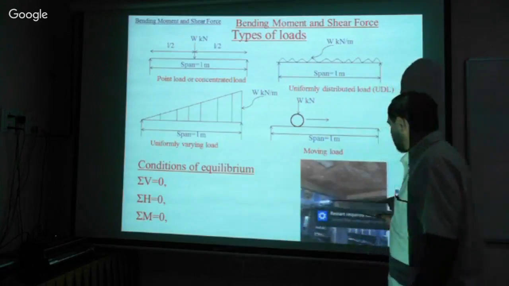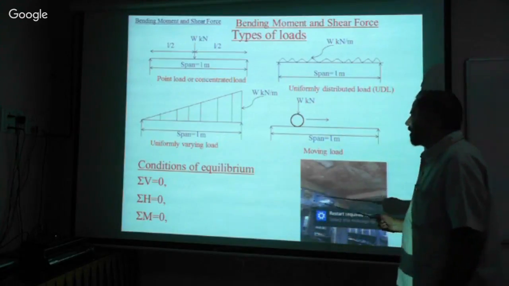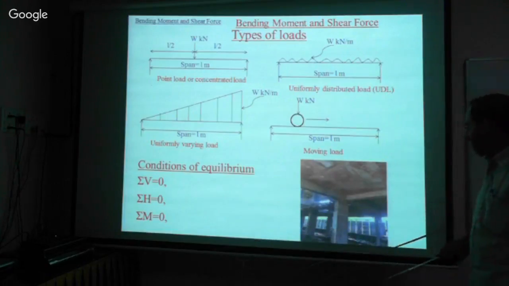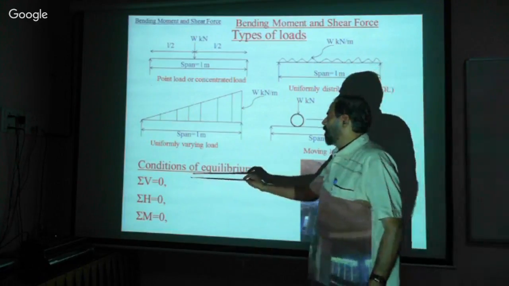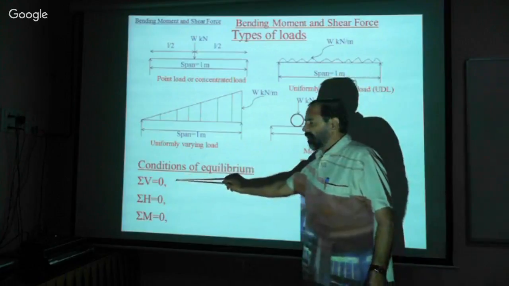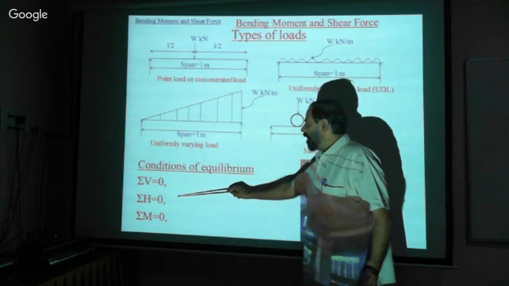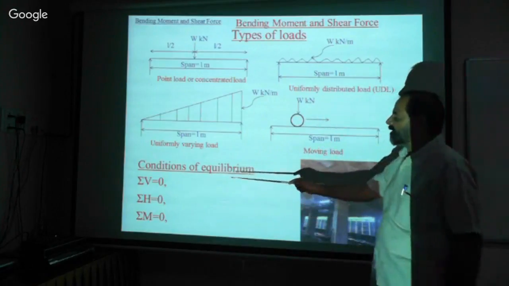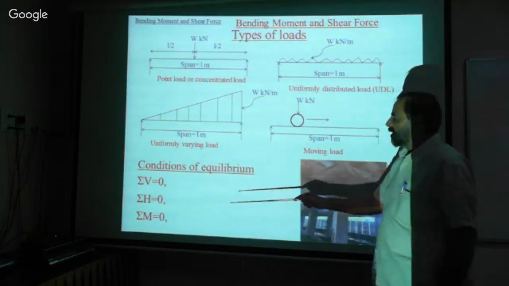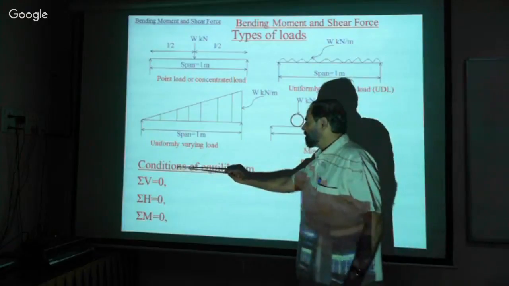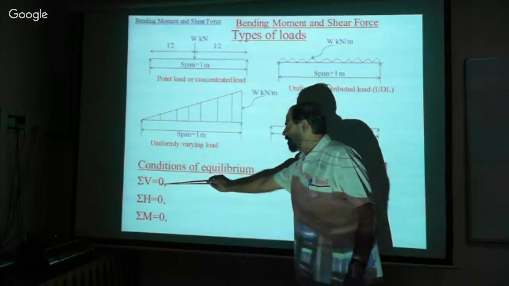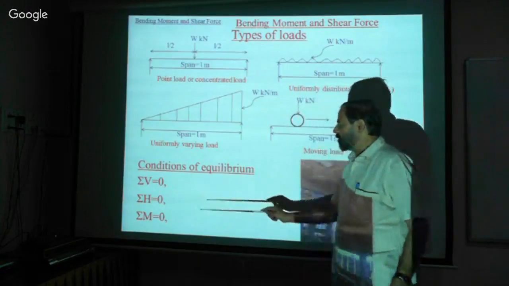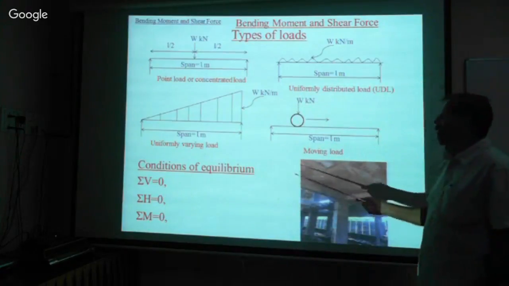We are more familiar with vertical and horizontal forces, that is the y axis and x axis. Therefore, there are 3 conditions of equilibrium: sigma V is equal to 0, sigma H is equal to 0, and the moments of all the forces in the loaded beam is equal to 0.